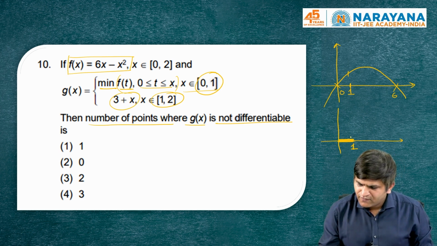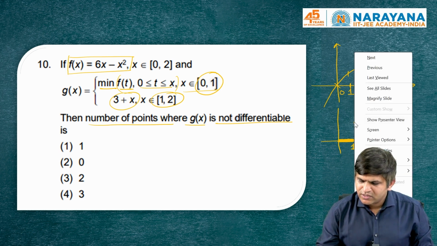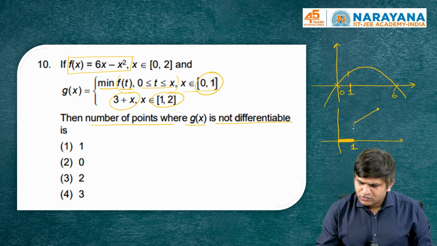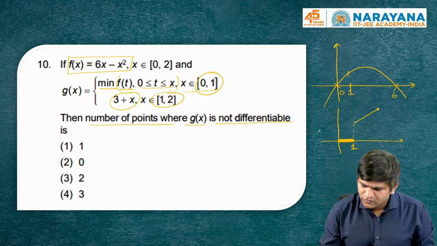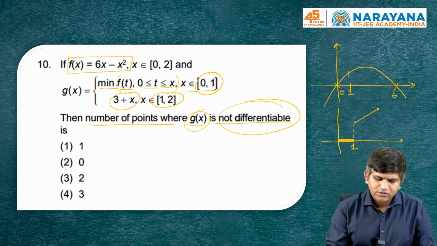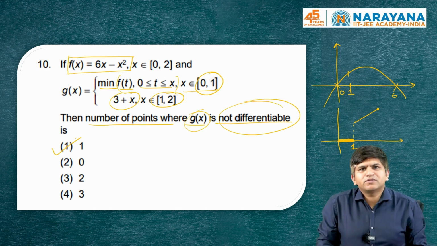So this is the graph. At 1, the value 3 plus x will be 3 plus 1, that is 4, and at 2 it will be 5. So now we can say that there is one point where this g(x) is not differentiable. So the answer is option A. I hope this is clear to all of you.